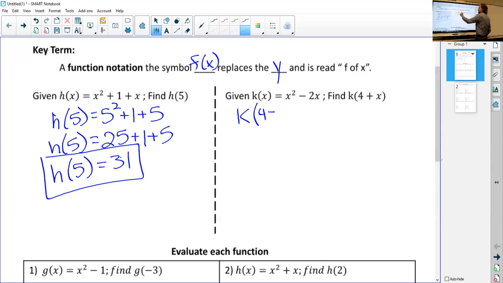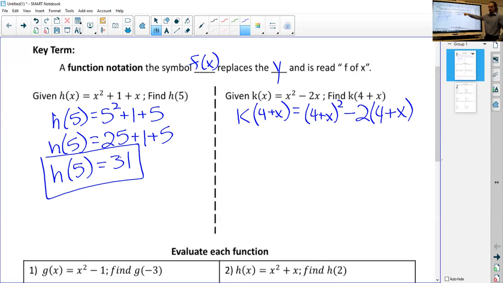So k of 4 plus x is equal to 4 plus x squared. So in x squared, we replace that x with 4 plus x, still squared, minus 2 times 4 plus x. Okay. So notice what we did.